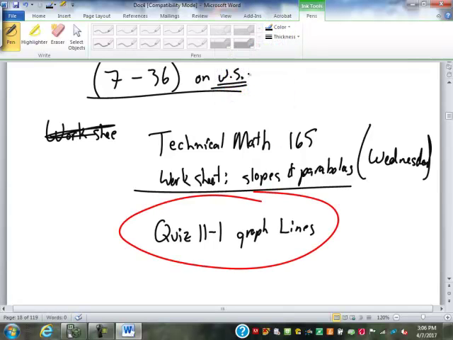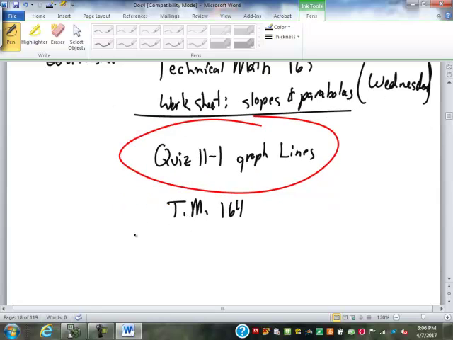And then the final thing that's in there, it's labeled Tech Math 164 Worksheet. It's going to be graphing lines, or quadratics, parallel and perpendicular lines.